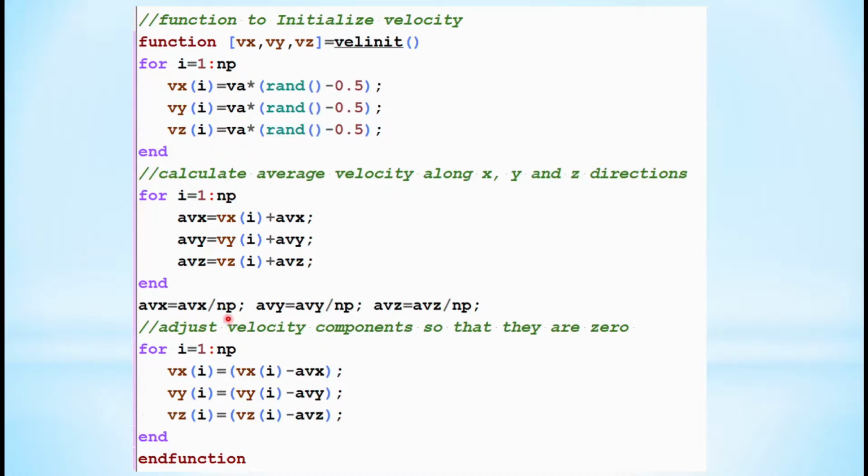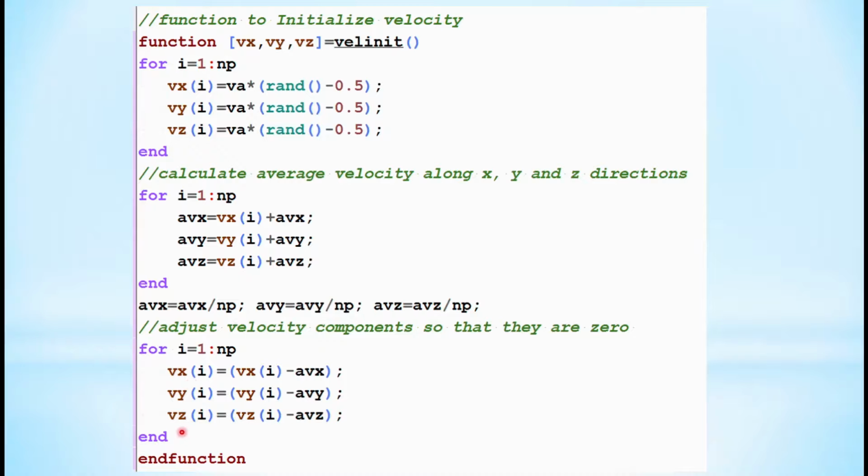Next, Avx is equal to Avx by Np. So now Avx will be the average velocity along the x-axis per particle. Similarly, Avy and Avz, and now we'll simply subtract this value of Avx from the velocity components of every particle. So we have to use another for loop that will also run from 1 to Np, that is the number of particles.